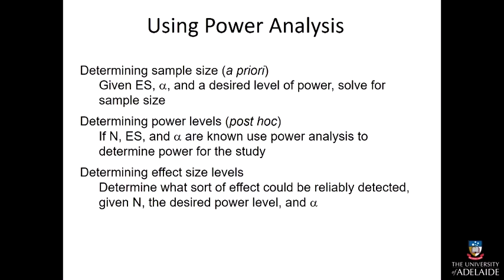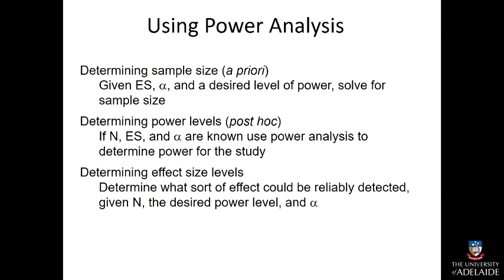After we've done a study, after the fact, post hoc, we know the sample size we had, we know the effect size that we found, and obviously we know the alpha level that we used. We can use power analysis to determine the power that our study had.